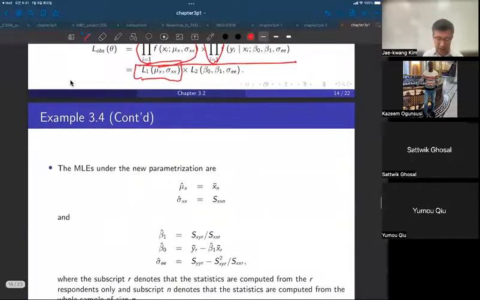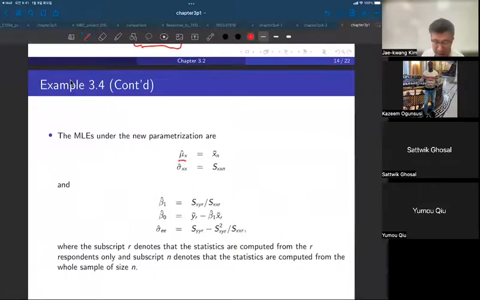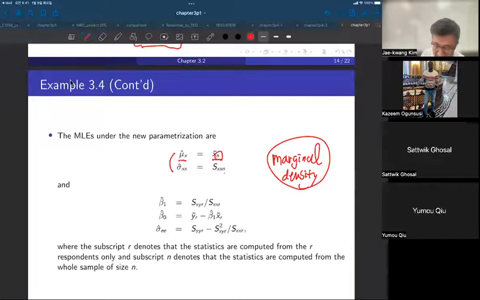So that's essentially this: mu hat x and sigma x. This is the marginal density parameter, and you have a subscript N to emphasize that we use the N observations to compute the MLE.